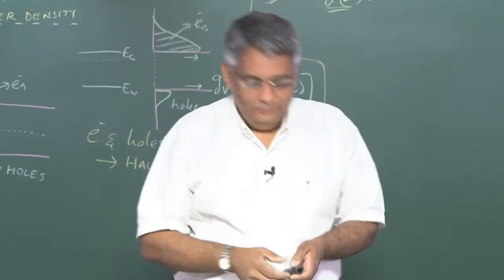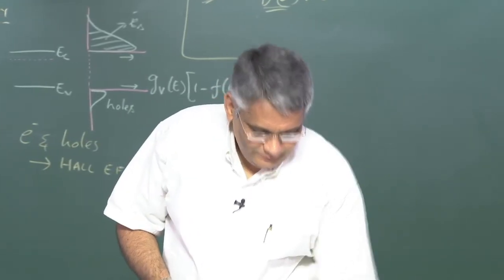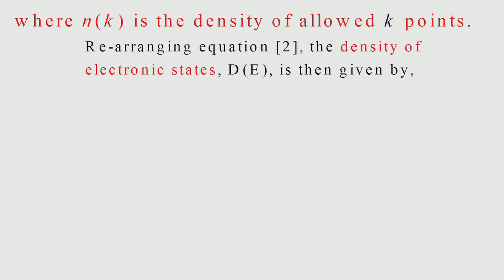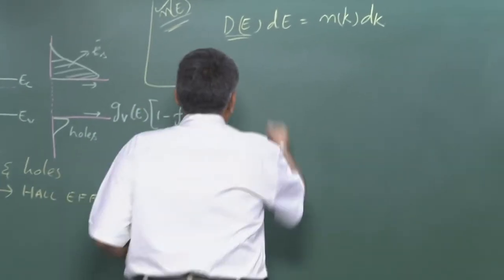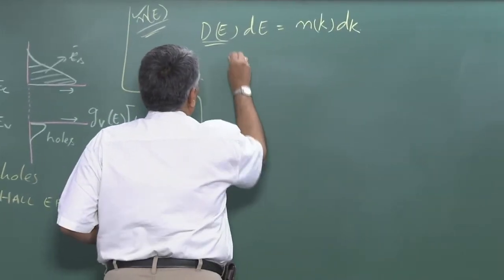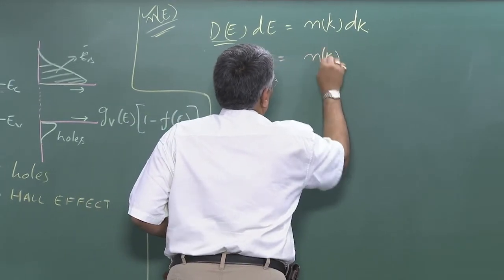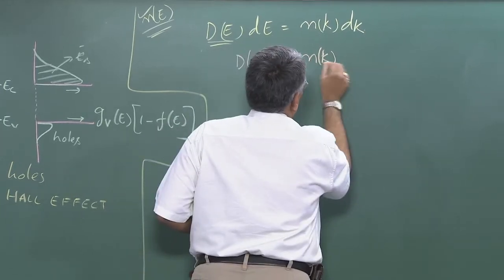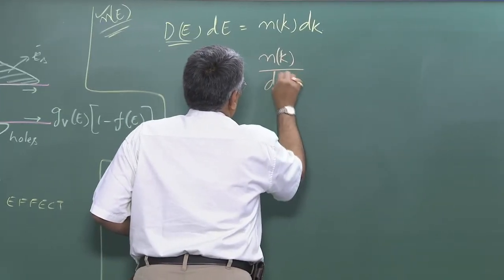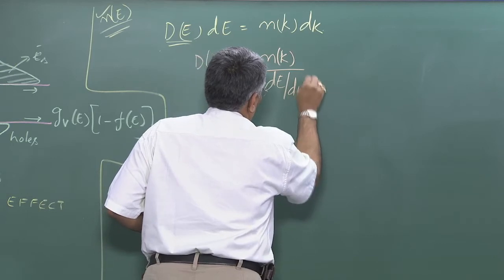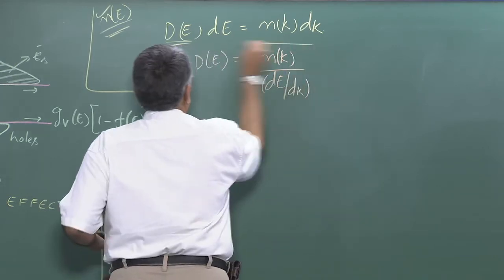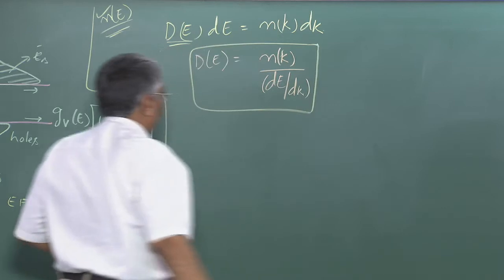Okay. Now, n(k) is the density of allowed k points in the system. Okay. Now, if you rearrange this equation too, let us write it this way and keep it. Okay.